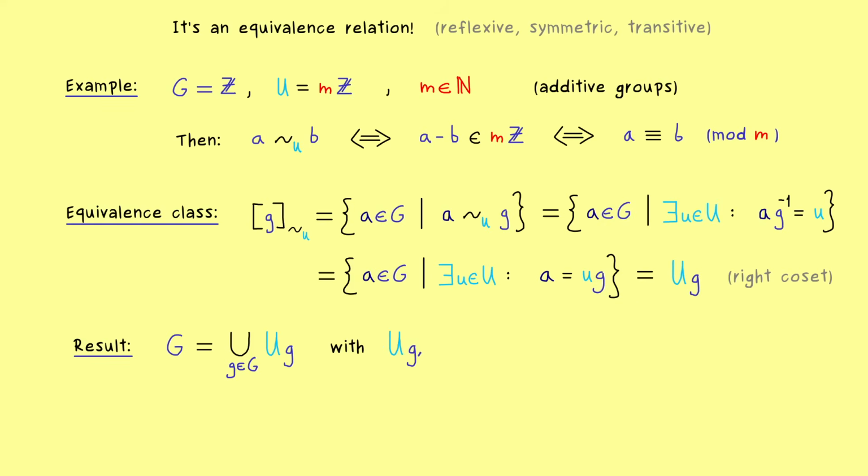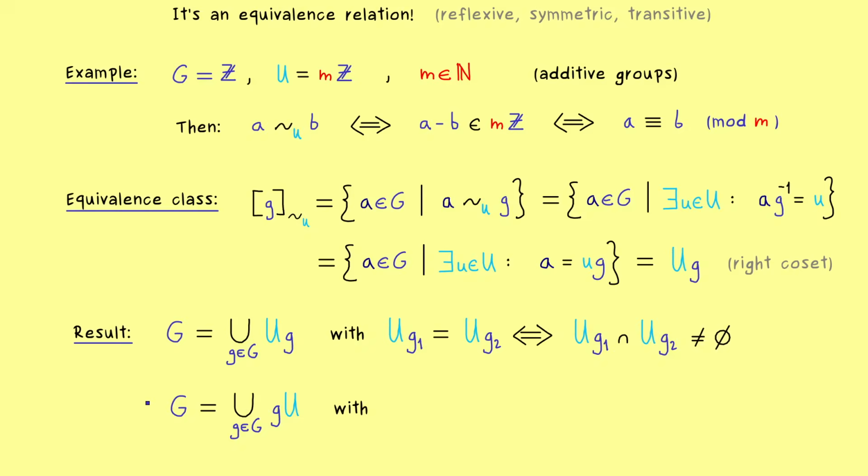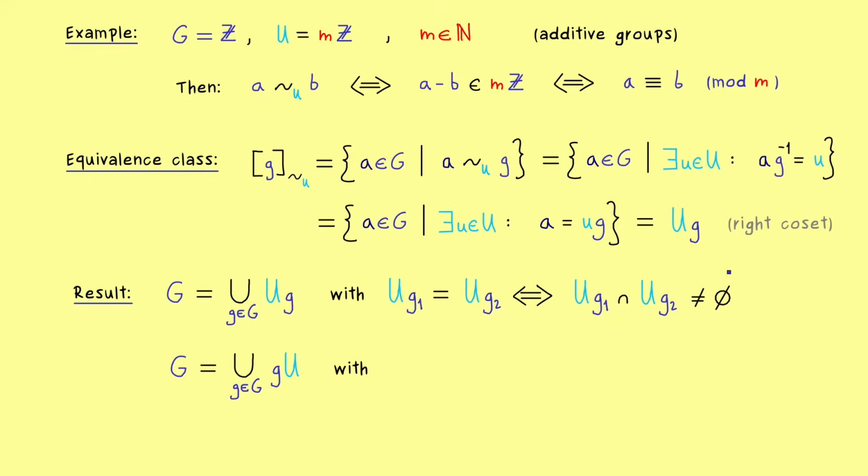If you use two different elements g1 and g2, you could still describe the same equivalence class with it. However, this is the only possibility where the two right cosets are not disjoint. Indeed, two different equivalence classes cannot have any element in common. And now similarly, as already said, you can also state the whole thing with the left cosets. And since it gives us exactly the same description of G, one usually would just choose one of them.